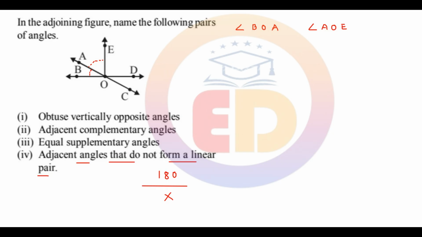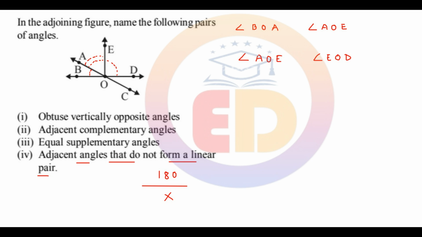Next, such a pair will be angle AOE and angle EOD. ये भी दो ऐसे एंगल्स हो जाएंगे जो एडजेसेंट एंगल हैं पर इनका सम 180 नहीं है. Angle AOE and angle EOD, they are also not forming a linear pair. इनका भी दोनों का सम 180 नहीं आएगा because they are not a straight line angle.